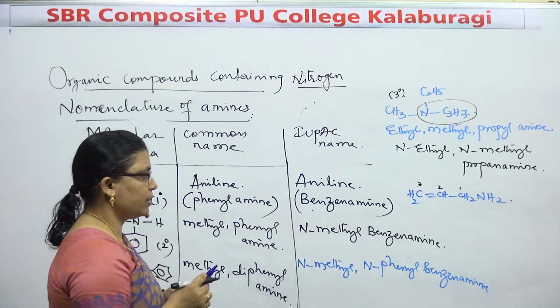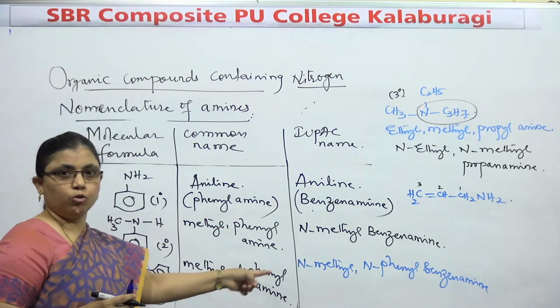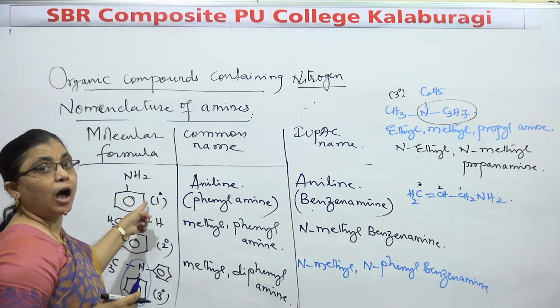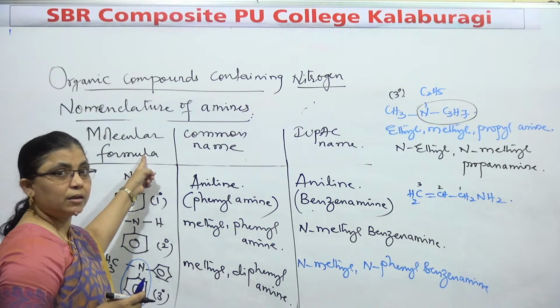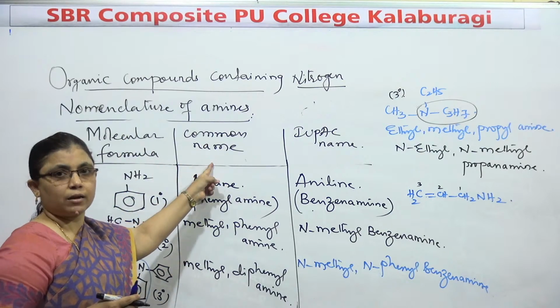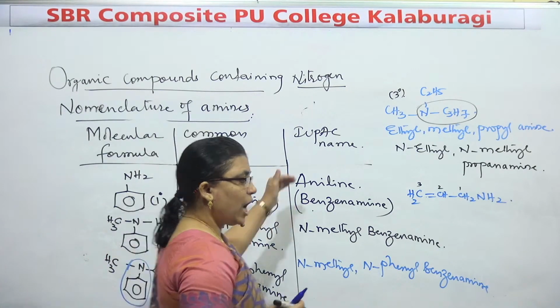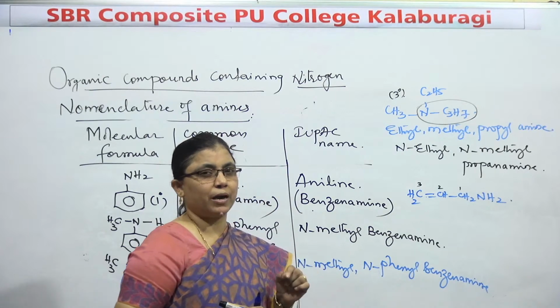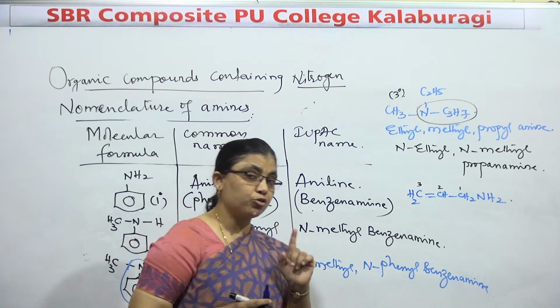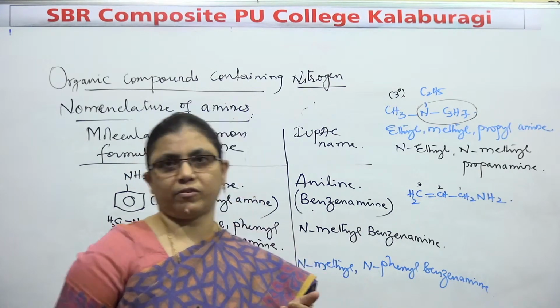So on the basis of the nature of the amino group, we can name them as alkyl amine, dialkyl amine according to the common system, and trialkyl amine. But on the basis of primary, secondary, and tertiary, the IUPAC names are a little bit typical. Remember, many questions have been given in the NCERT exercise.